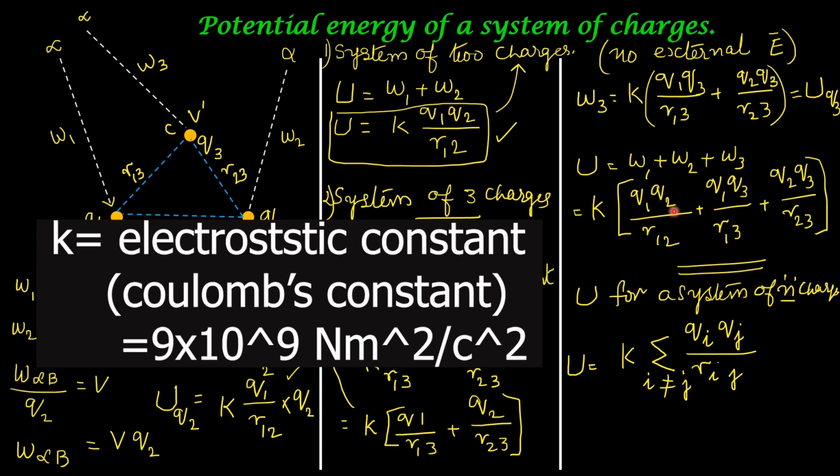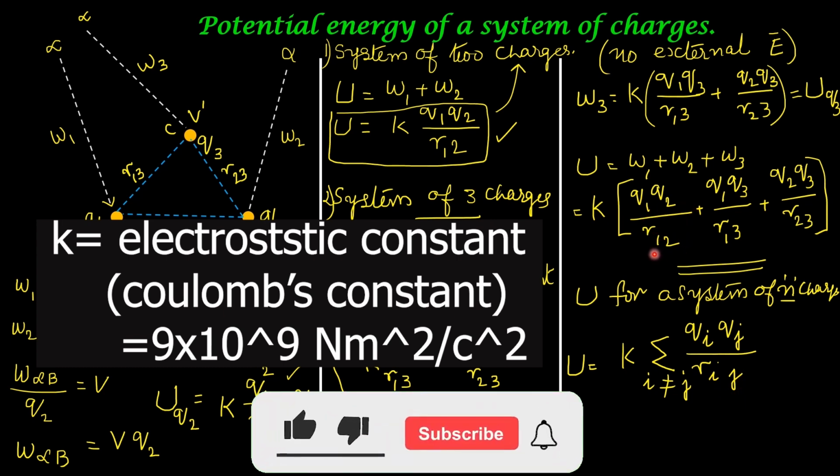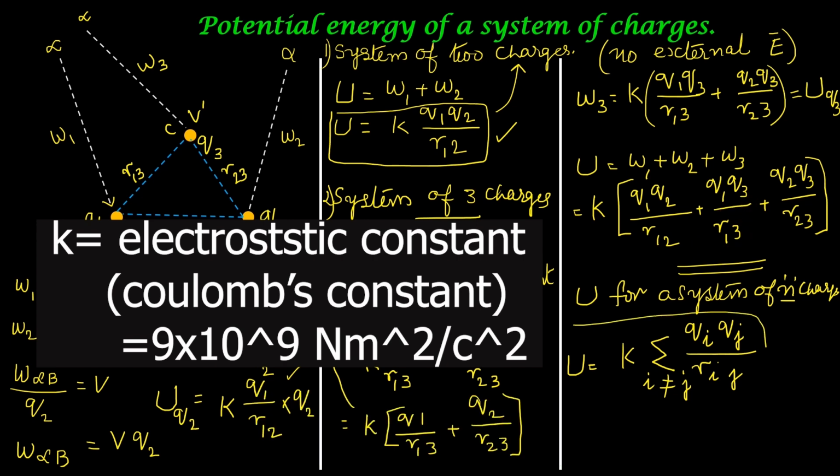Qi Qj stands for Q1 Q2 or Q1 Q3 or Q2 Q3 up to Qn, and Rij is R12 or R13 or R23 up to Rn. So you may remember this expression for n charges.